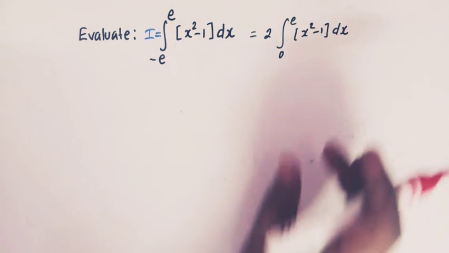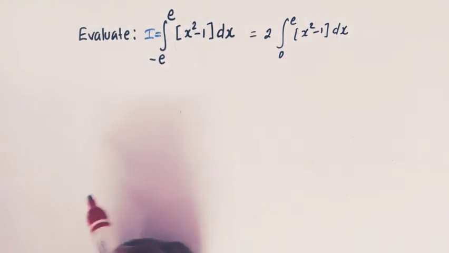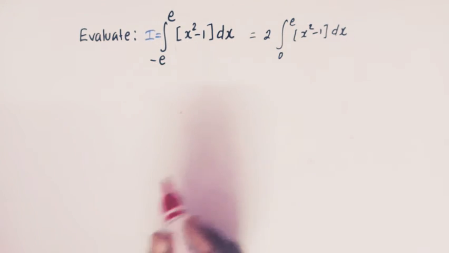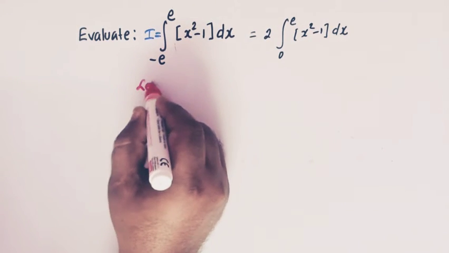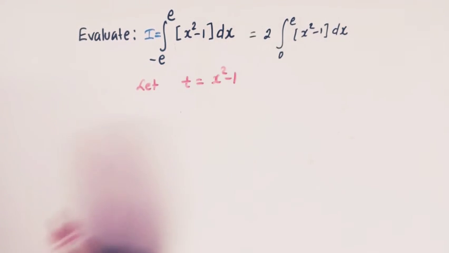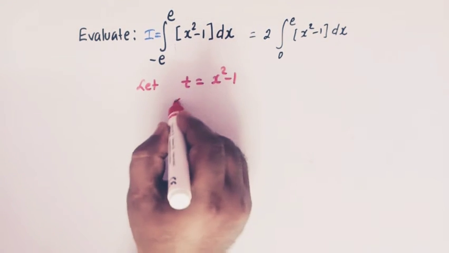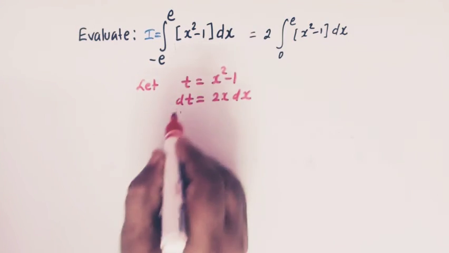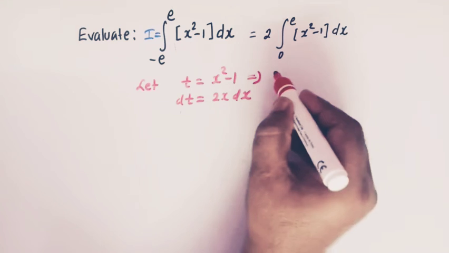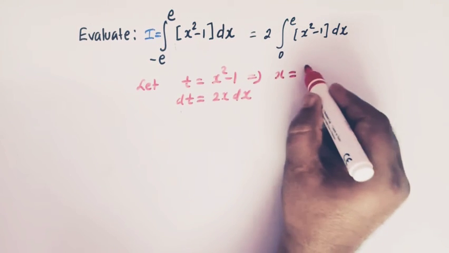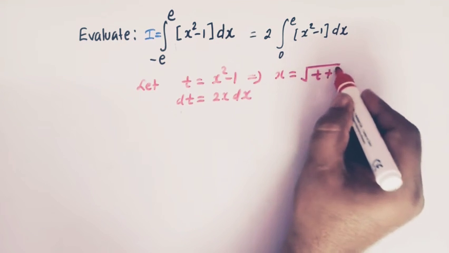We can make use of the substitution method for evaluating integrals. Let us substitute t is equal to x square minus 1. So dt is equal to 2x dx, and from here x is equal to square root of t plus 1.